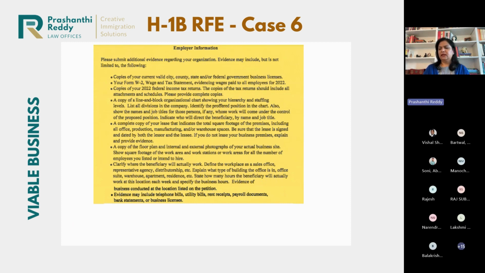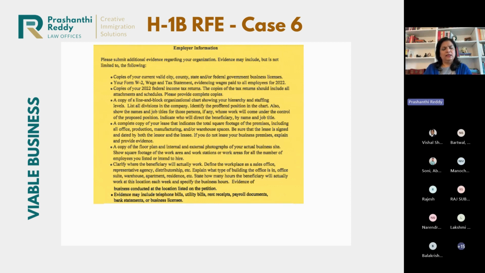Usually, if it's a consulting company or even otherwise, if you have not submitted documentation to show why you're required to hire this person, so if you don't submit the MSAs, POs, and work orders, etc., then in that situation, usually they will ask for this kind of an RFE where you have to submit proof that you are actually a viable business and you're doing sufficient work to show that you have a job for this person.